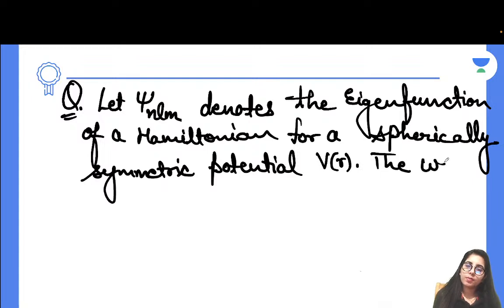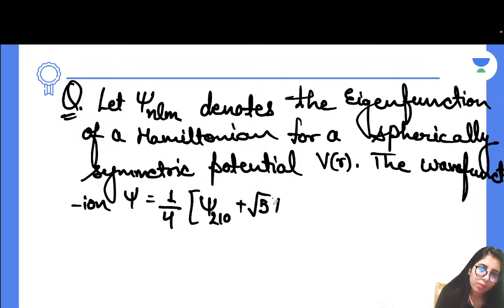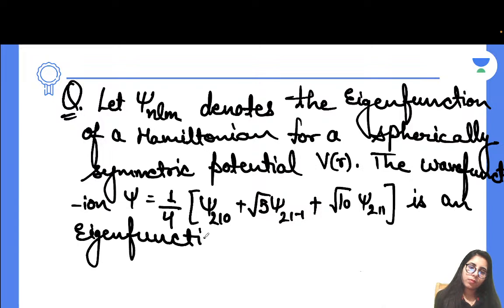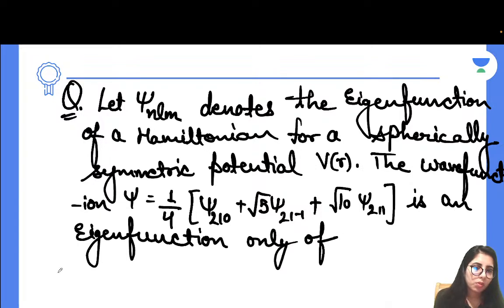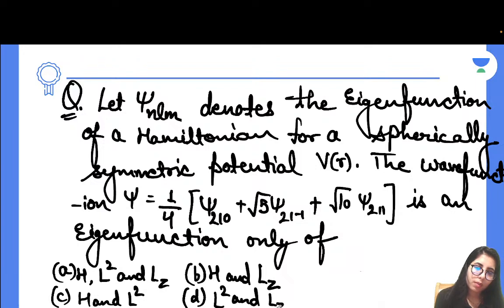The wave function psi, which is equal to 1 over 4 of psi 2 1 0 plus root 5 psi 2 1 minus 1 plus root 10 psi 2 1 1, is an eigenfunction only of: the options say H, L square and Lz; H and Lz; H and L square; L square and Lz. Try it now.